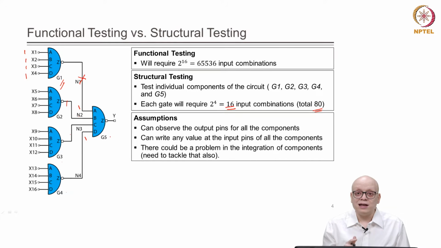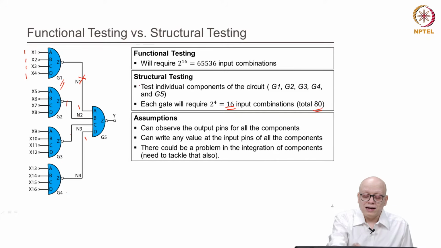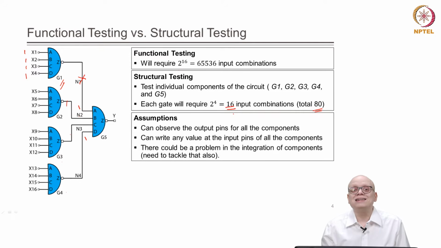So, these are some of the assumptions that we made while deriving that only 16 patterns are required for structural testing. Though structural testing requires significantly fewer test patterns compared to functional testing, it makes assumptions about accessing internal nets and also the integration of the components, right.